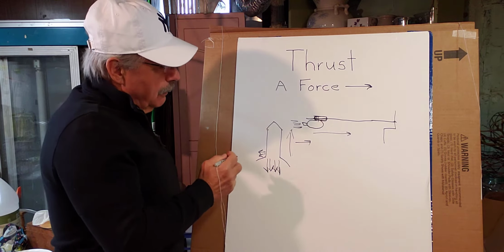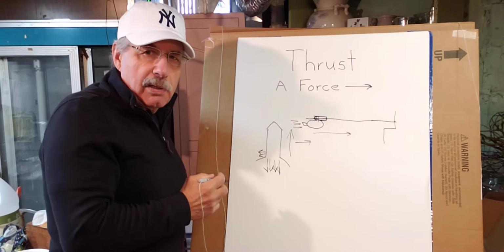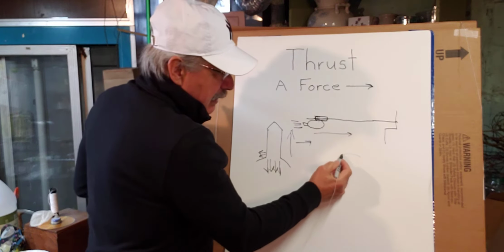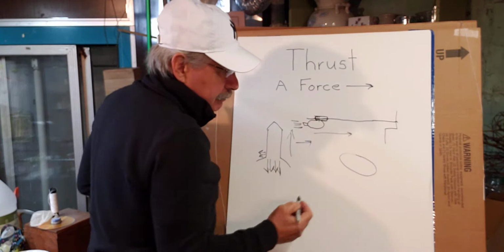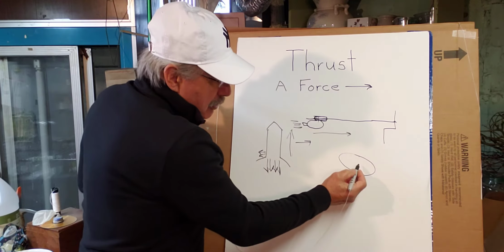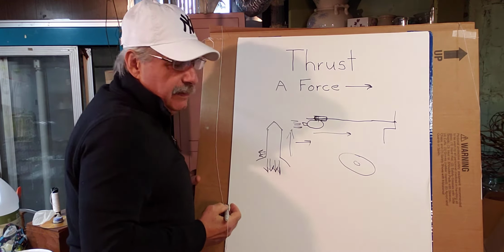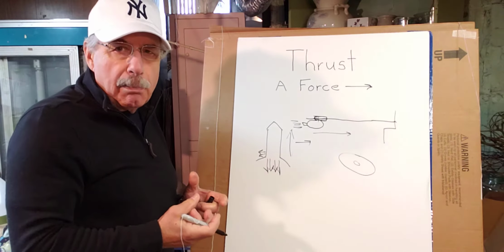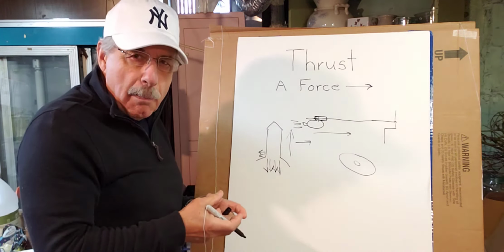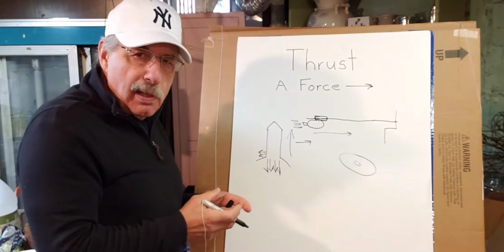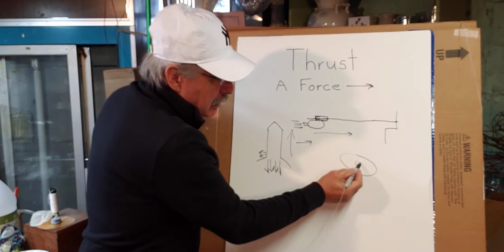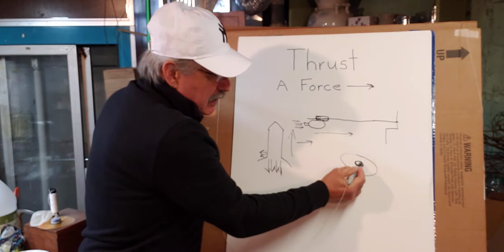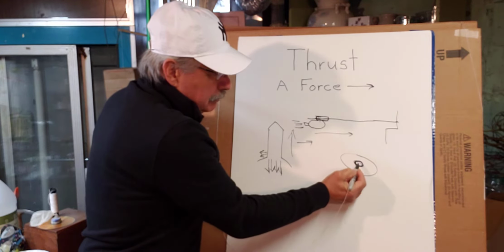Now the second experiment I'm doing with thrust is I've got a CD, and you know a CD has a hole in the middle of it. I took a cap, like a plastic soda cap, and I glued it to the top of the CD so it covers the hole.